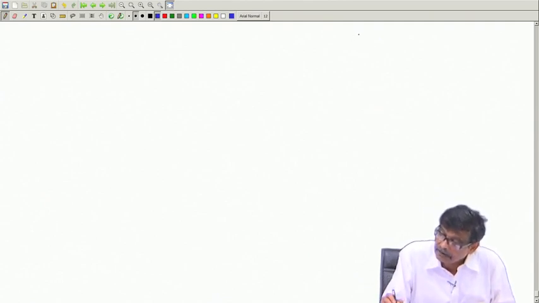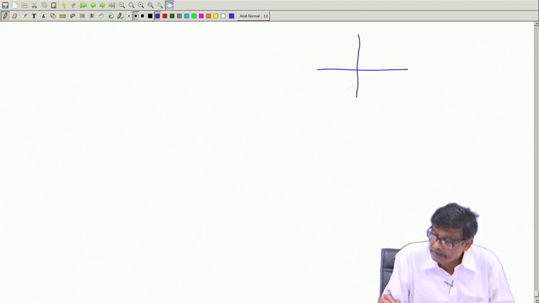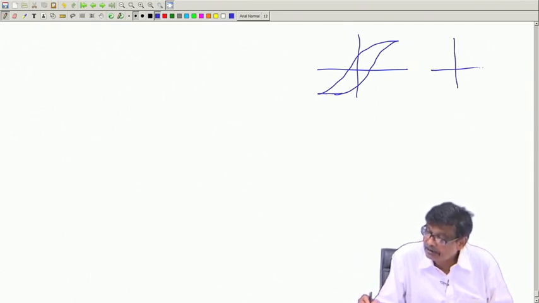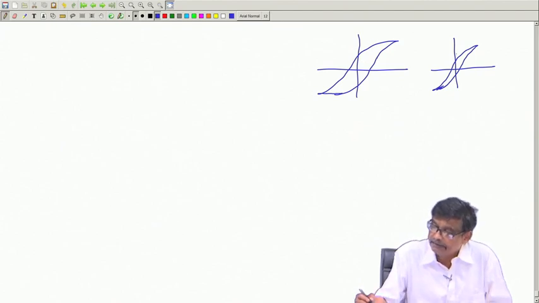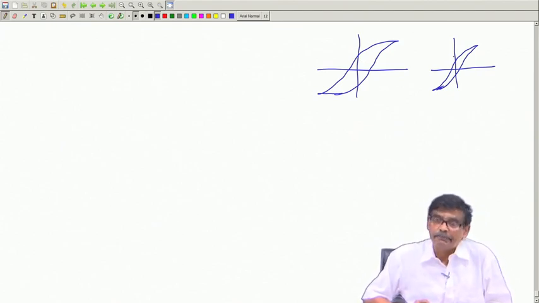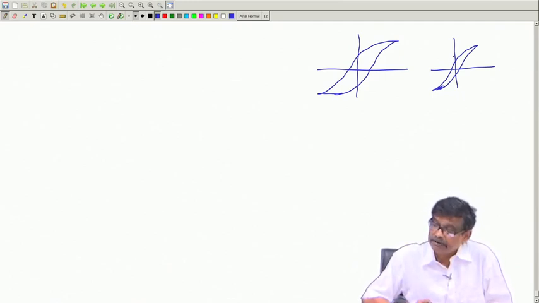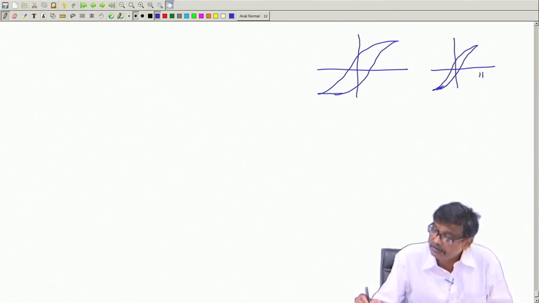That is, for example, if somebody uses a material like this, or instead of that if somebody uses a different one, the hysteresis loss for this material will be much lesser than this. That is the idea. Choose the magnetic material in such a way that the area enclosed by its BH curve is as small as possible. This is H, this is B, this is H, this is B.